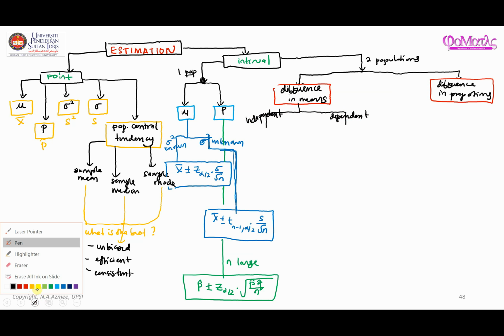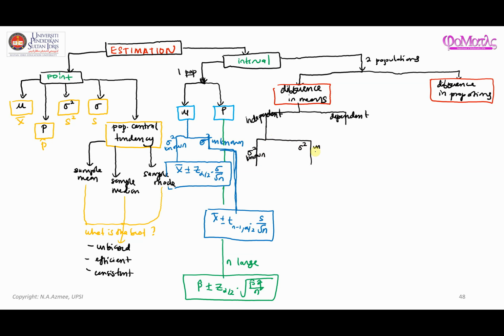Next, if the samples are independent, is the variance known or is the variance unknown? I don't know whether this is clear or not. Let me just properly write it down. So this could be variance known and variance unknown, right?